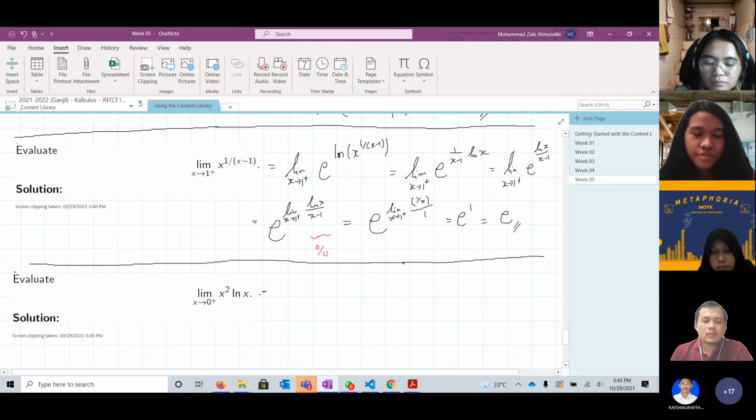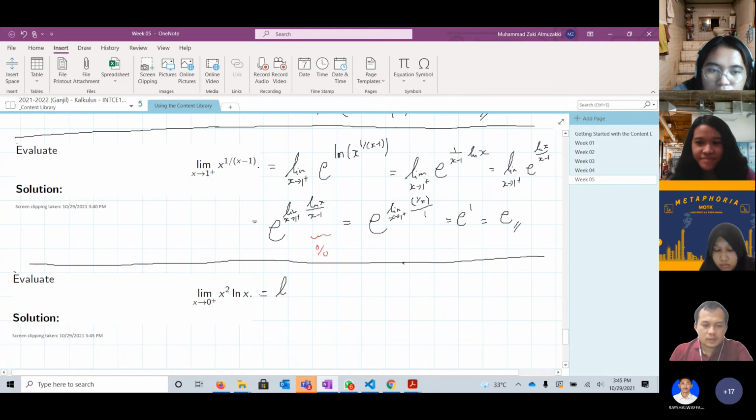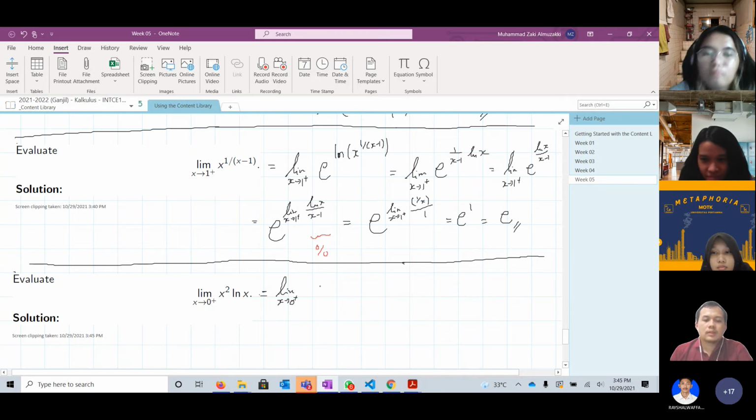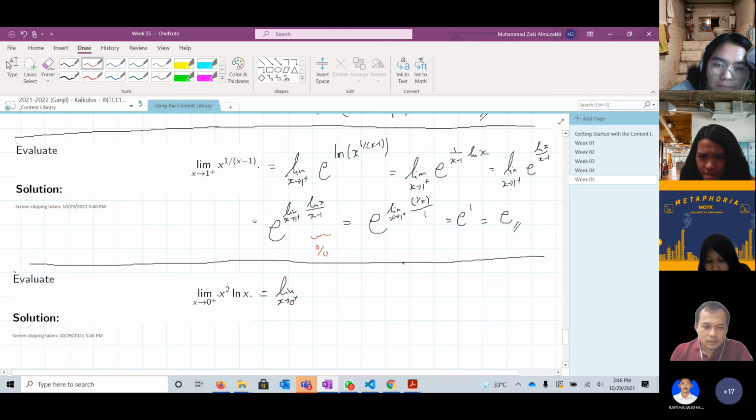For this one, limit x goes to 0 from the right, because here we have the form of 0 multiplied by infinity, multiplied by negative infinity.